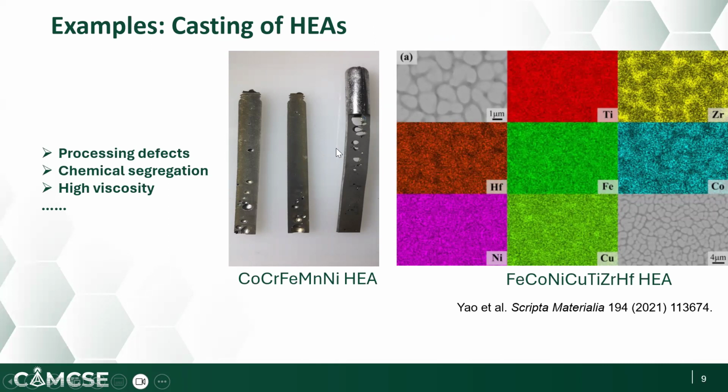Also, most often you will see very severe elemental segregation between the dendritic and interdendritic regions. These defects are largely due to the high viscosity of the high entropy alloy melt, and also the different melting points among different constituent elements.